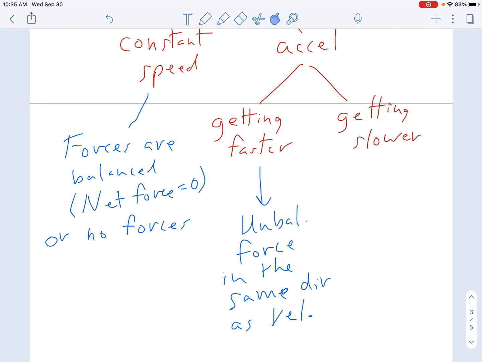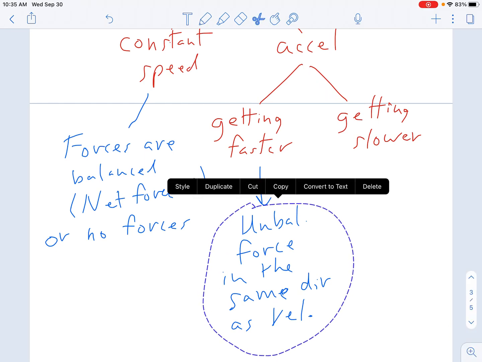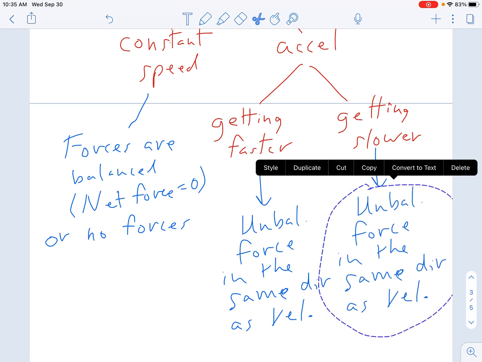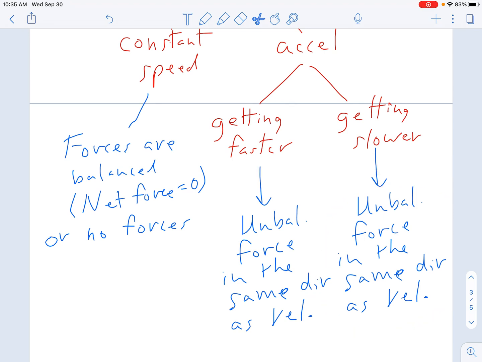If we have an object getting slower, it means we have an unbalanced force in the opposite direction as velocity.